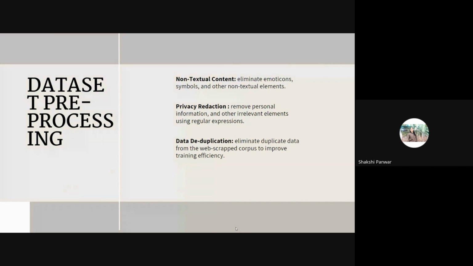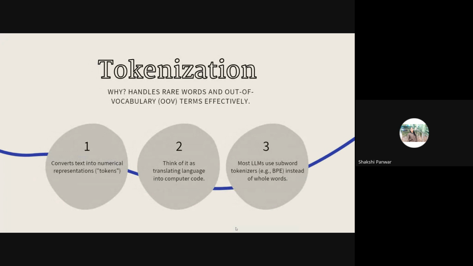Privacy reduction: removing personal information and relevant elements using regular expressions to ensure data privacy and comply with regulations. Last one is data deduplication, eliminating duplicate data from web scraped corpora to enhance training efficiency and prevent bias in model learning.